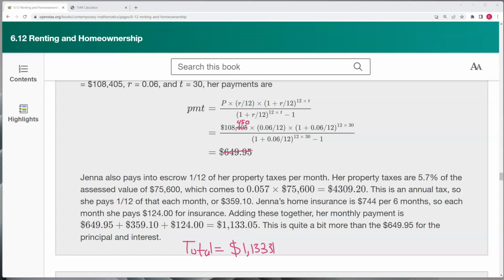So that should have been 400. I can't get it right either. That should have been 650.